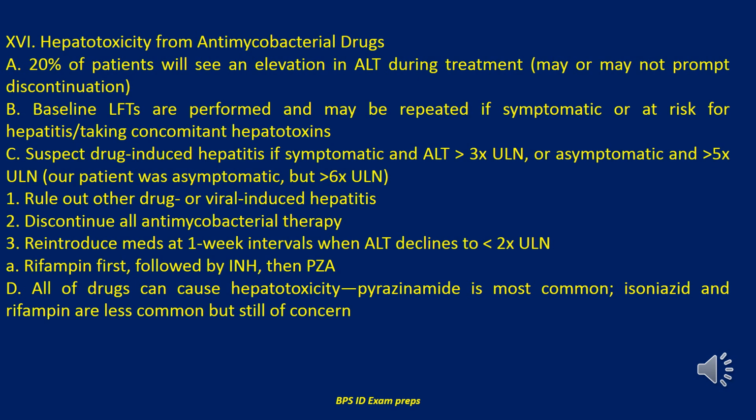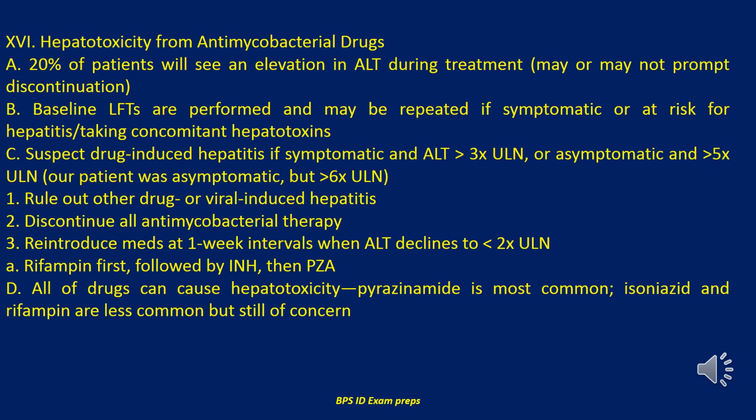Then do the following. 1. Rule out other drug or viral-induced hepatitis. 2. Discontinue all antimycobacterial therapy. 3. Reintroduce meds at 1-week intervals when ALT declines to less than 2 times the upper limit of normal, ULN. Re-challenge rifampin first, followed by INH, then PZA.